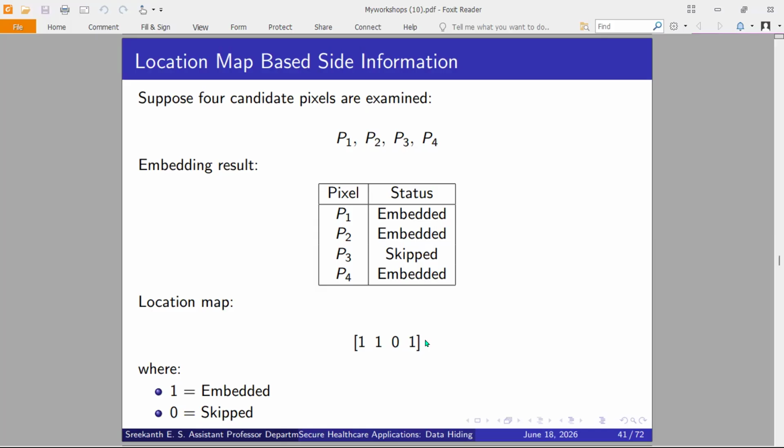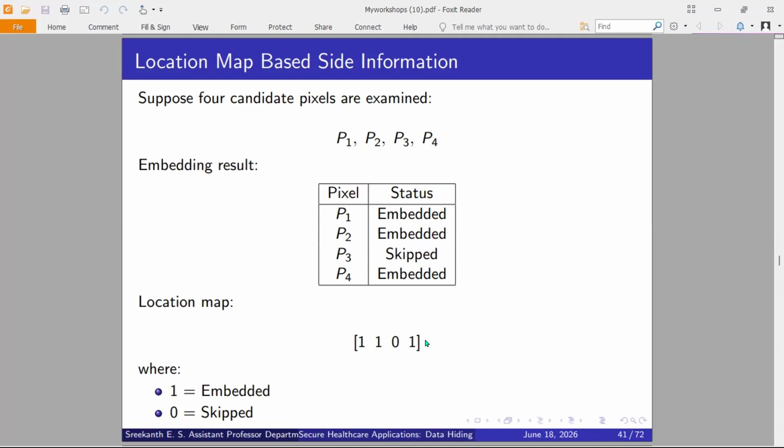Okay. So you can either embed it like this, or normally in papers it is actually compressed. The location map will usually be compressed. Why? Because normally in smooth areas and non-smooth areas in images, there are more possibilities of a sequence of ones and a sequence of zeros.